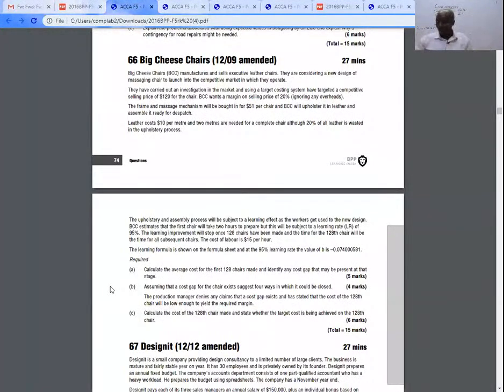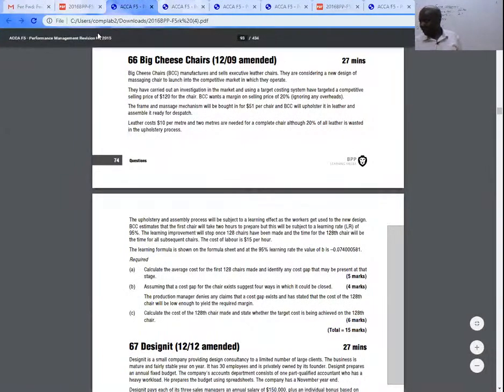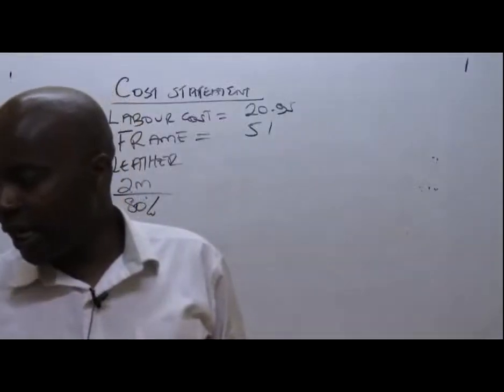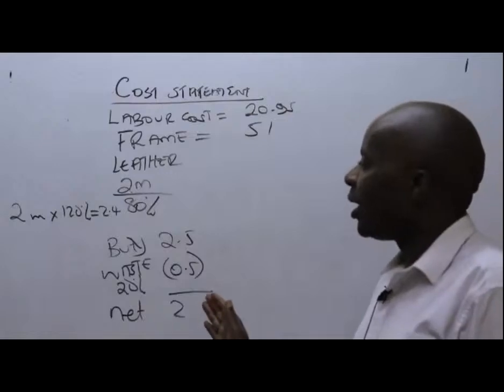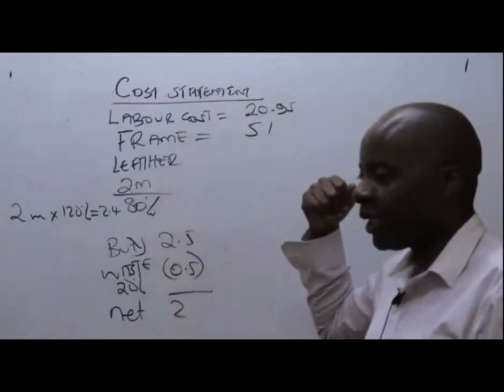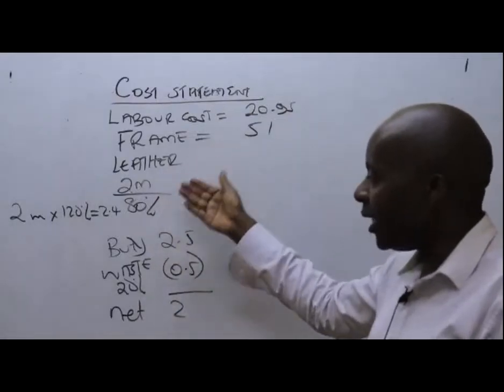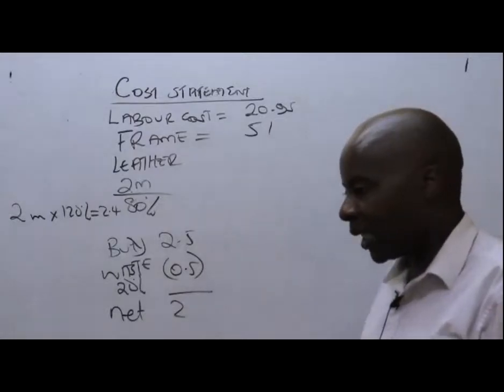So you should be able to understand it in your own way, which you should be able to use in the future. So I'm repeating this once again, ladies and gentlemen: whenever there is a loss, take the net number of meters needed, divide by net percentage. And I've given you a very good example here.